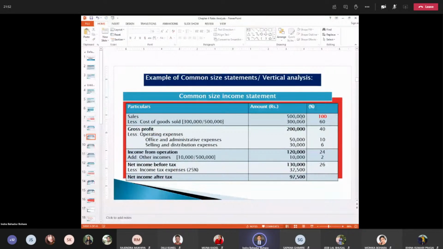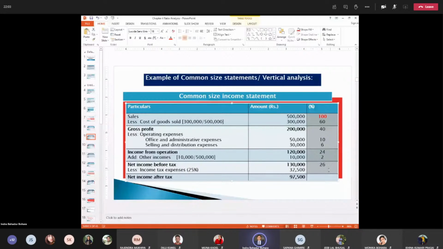I had already told you sales is assumed as 100%. And 5 lakh rupees sales is assumed 100% under the common size statement or vertical analysis.